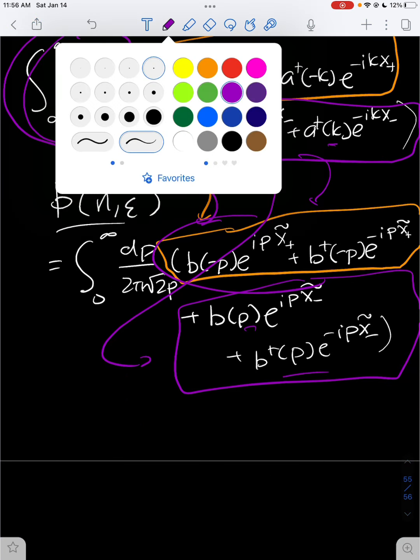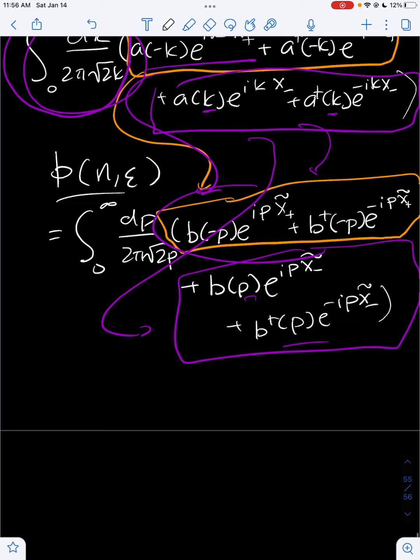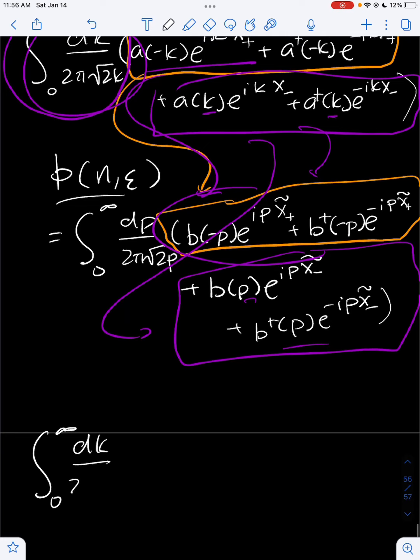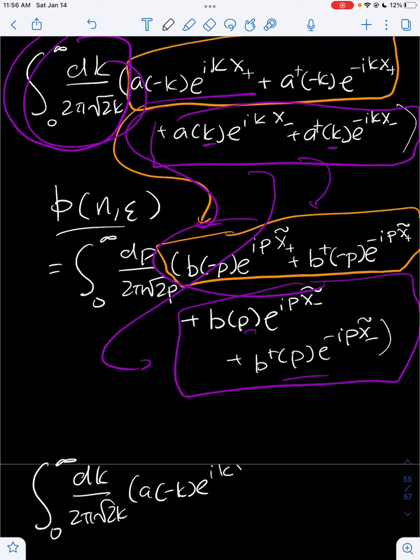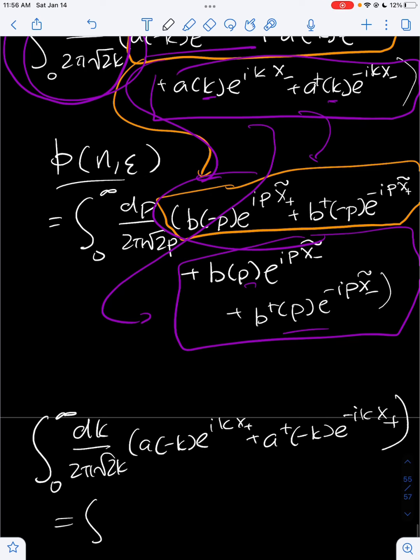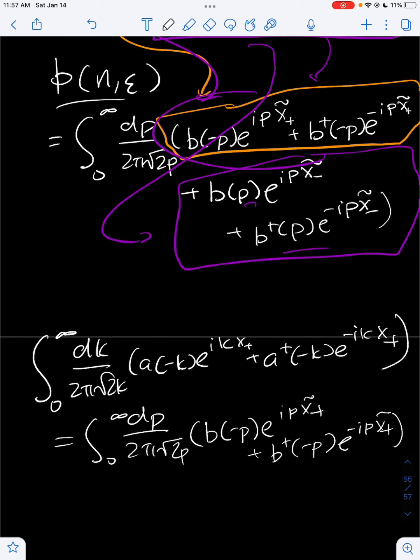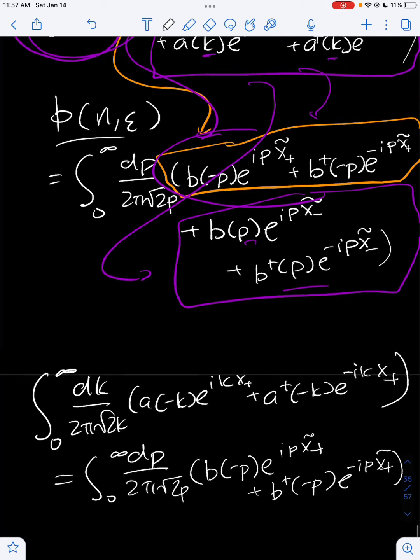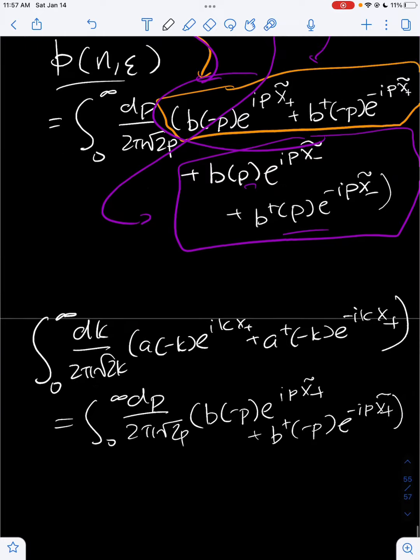So in other words, to be a bit more explicit, the integral from 0 to infinity of dk over 2 pi square root of 2k of a of minus k e to the ikx plus a conjugate minus k e to the minus ikx is going to be equal to this over here, and it's going to be analogous for the positive momentum.